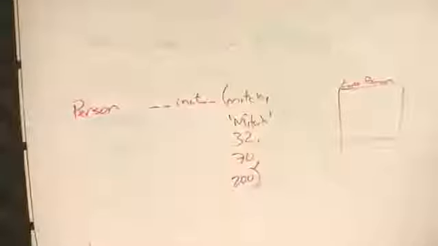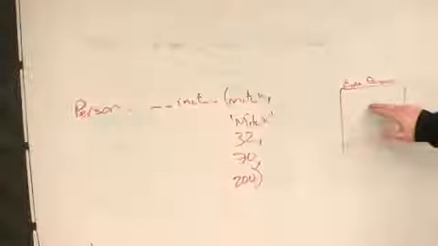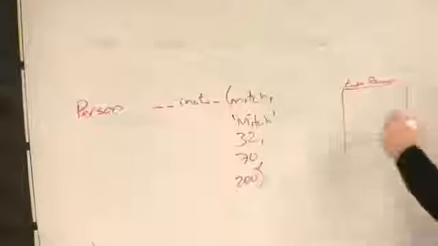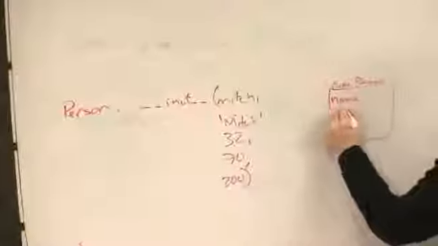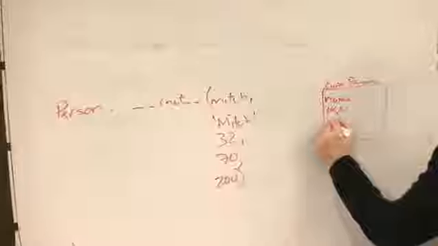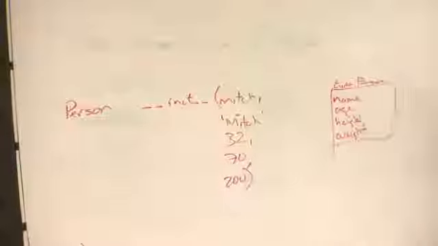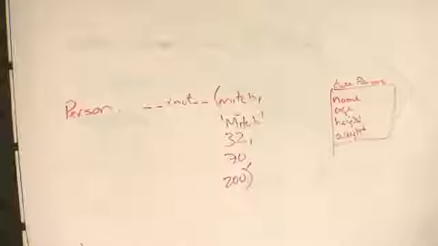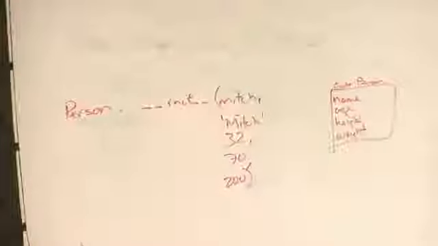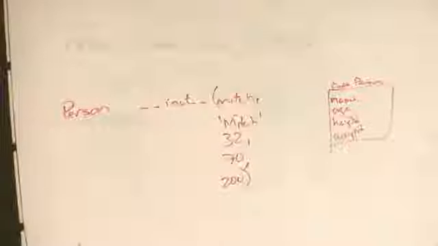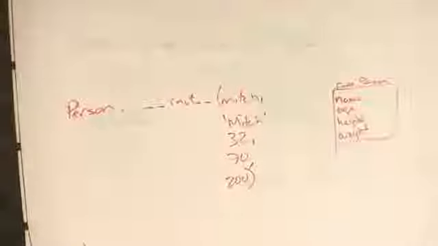And then in the init method, all we're doing is we're creating new attributes on this chunk of memory. So we're going to have an attribute name. We're going to have an attribute age, height, weight. Okay? And then we have a bunch of accessors or getters, mutators or setters.